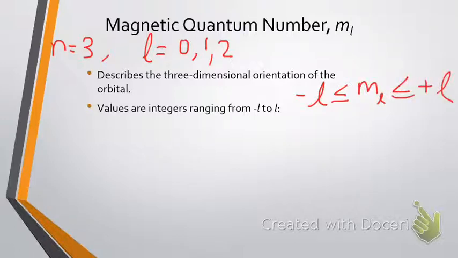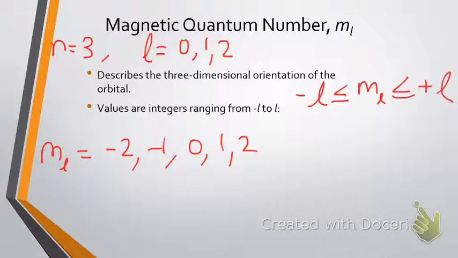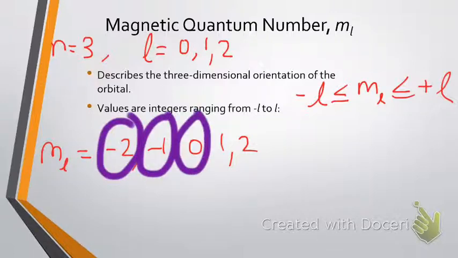Since l can go all the way up to 2, in this scenario m sub l could equal negative 2, negative 1, 0, 1, and 2. Those are the possible values for m sub l. Once again, it tells you the three-dimensional orientations. So that lets us know that there are up to 5 different orientations in the d orbital.